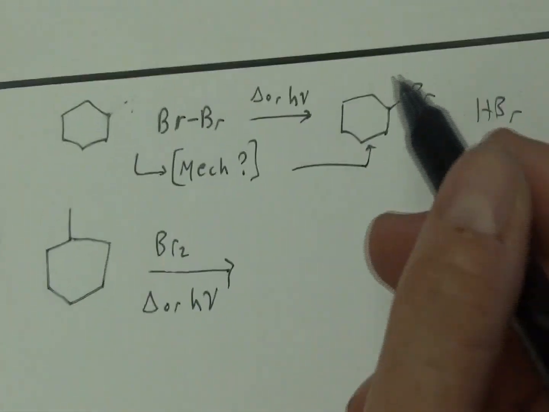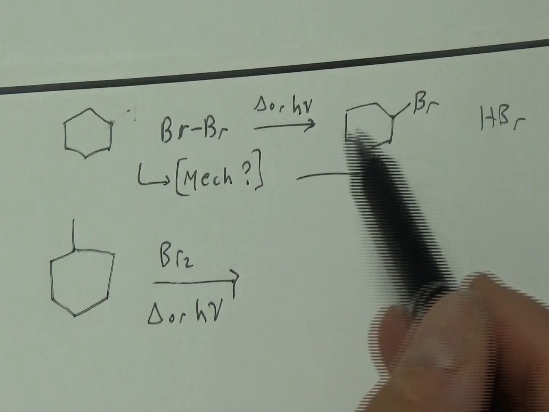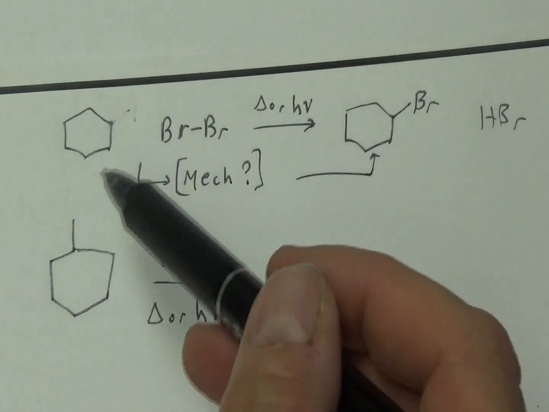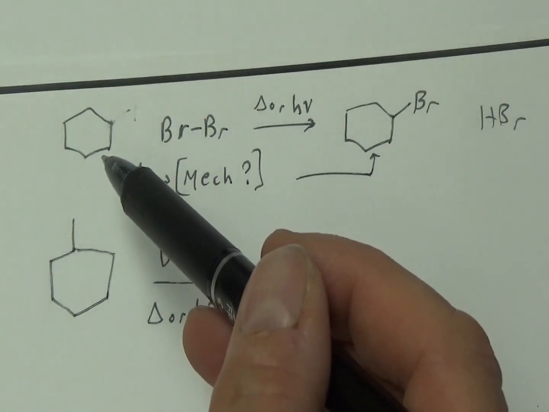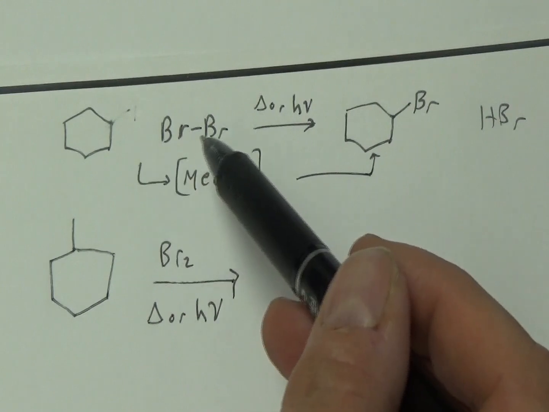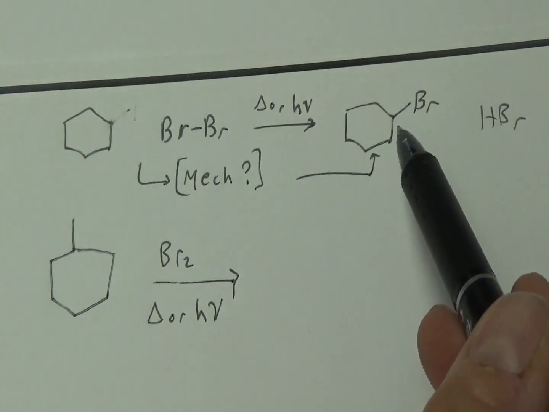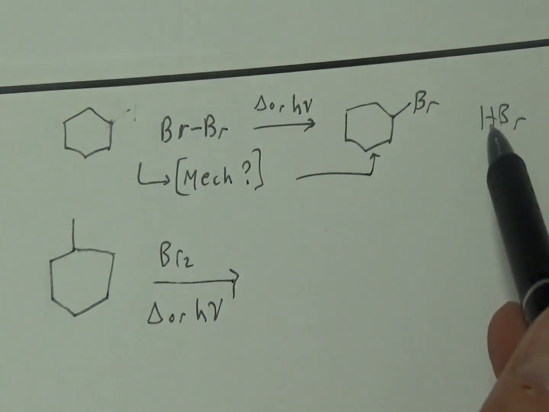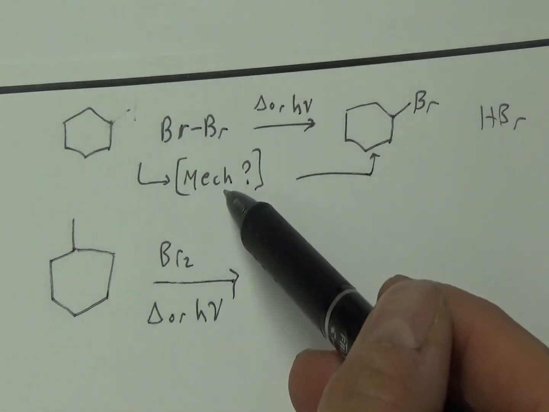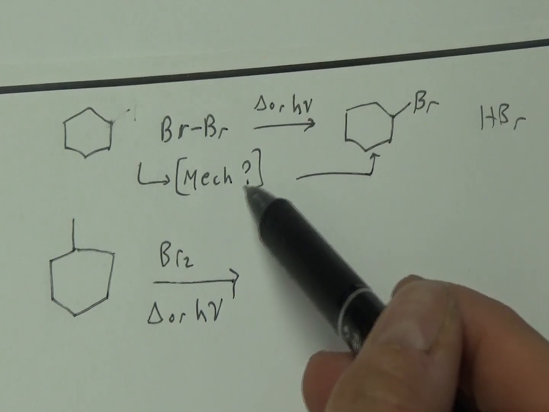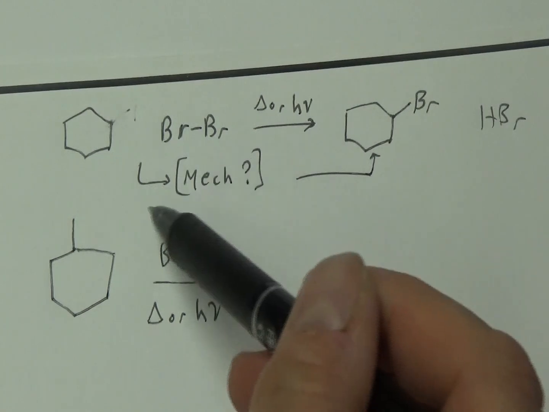This might be a style of mechanism problem you might see, where it's a pretty simple substrate, cyclohexane plus Br2, light or heat, and then you get the bromide and the HBr. Remember, it's a four-step mechanism, so if I ask you this on the quiz, you're going to have to draw the four steps, and there's also magic words for the 4 steps. But anyway, we're not doing a mechanism problem here.